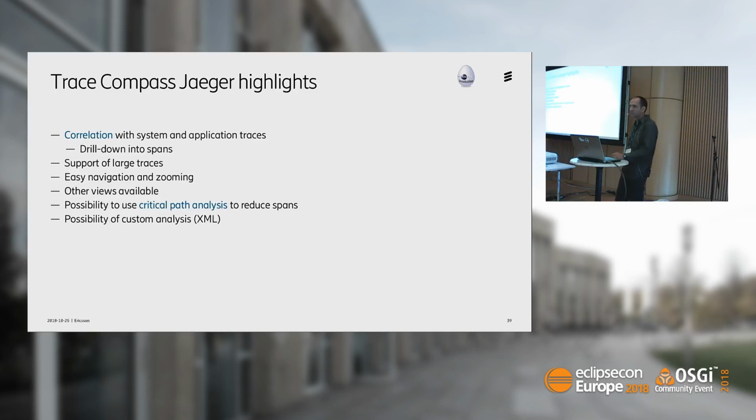And we tried to implement a critical path analysis on that, because if you have a huge cluster, you need to reduce the number of spans to show in the view. With a critical path analysis, it only shows the spans that really contributed to it.